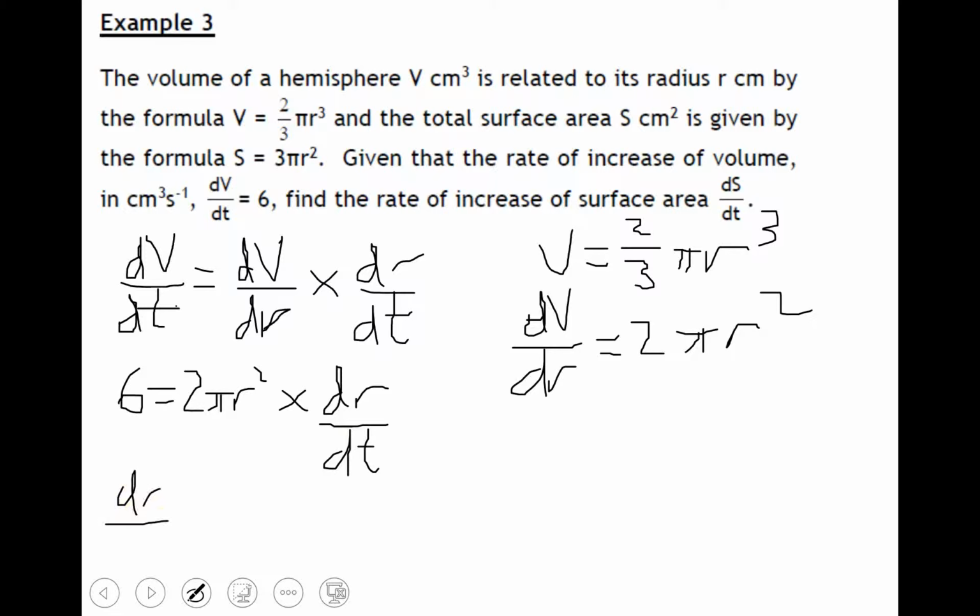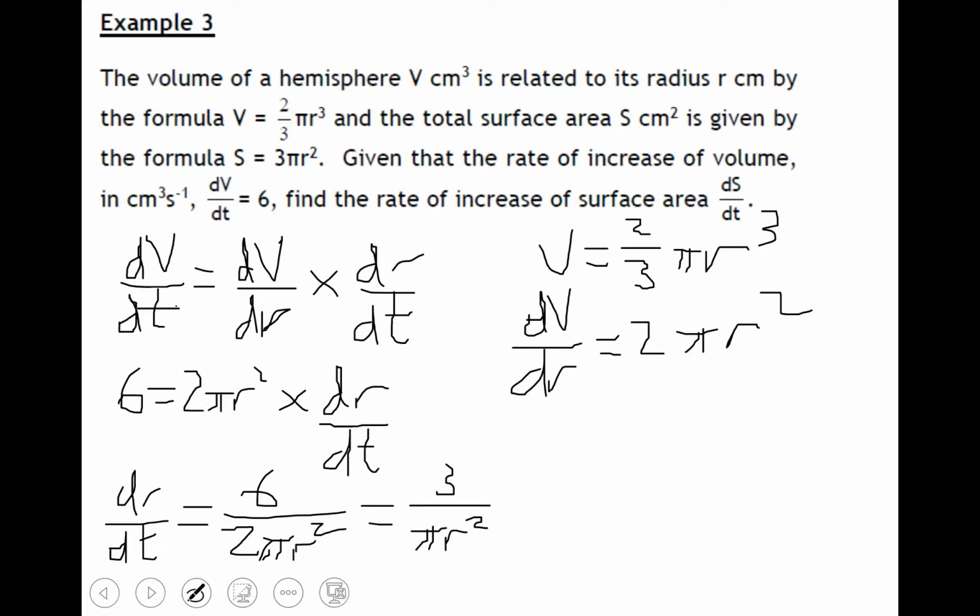So dr by dt equals 6 divided by 2 pi r squared. And we can cancel that down to 3 over pi r squared. And that gives us dr by dt.